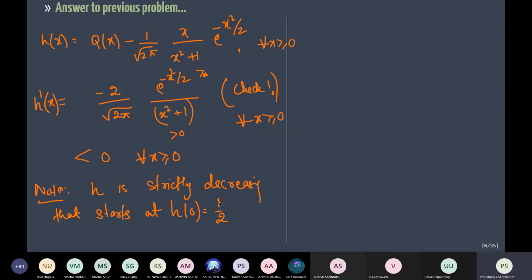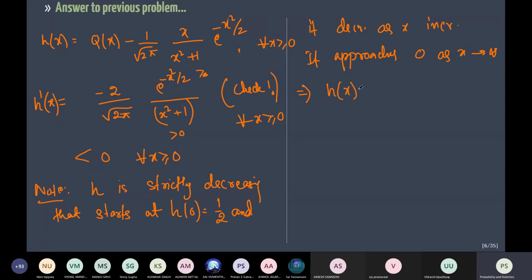And it decreases as x increases, and it approaches 0 as x tends to infinity. So this implies that h(x) must be greater than or equal to 0 for all x greater than or equal to 0. Okay, so this is how we prove this lower bound, right?